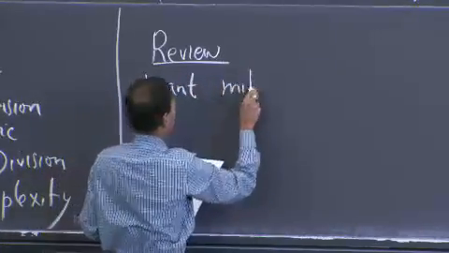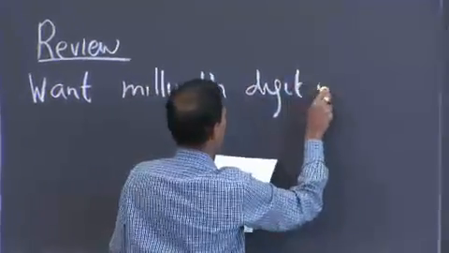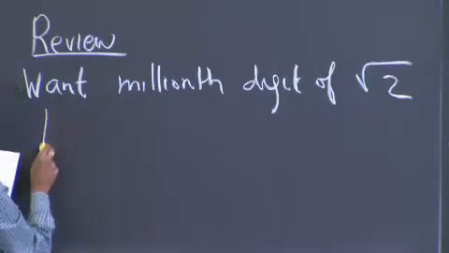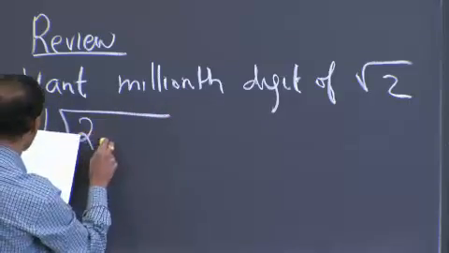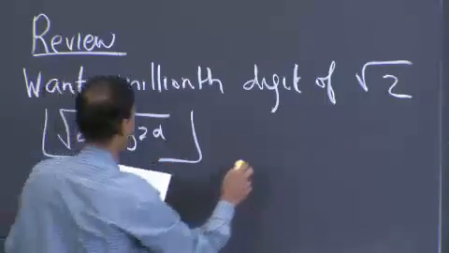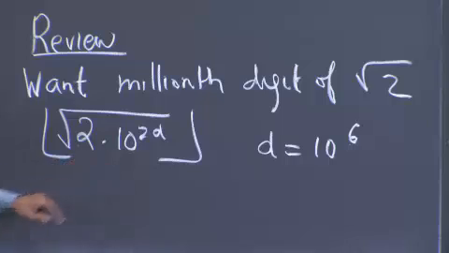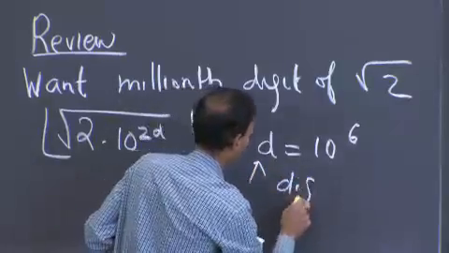We decided that we wanted the millionth digit of square root of 2. And the way we're going to do this is by working with integers and computing the floor, since we need it to be an integer, of 2 times 10 raised to 2d, where d is the number of digits of precision.